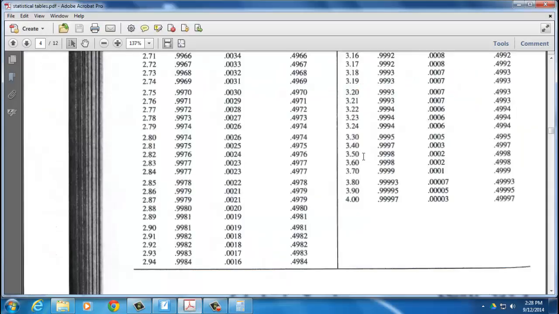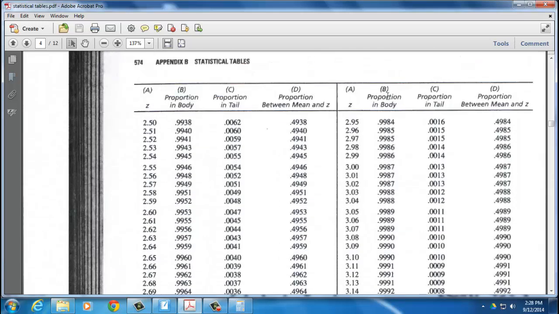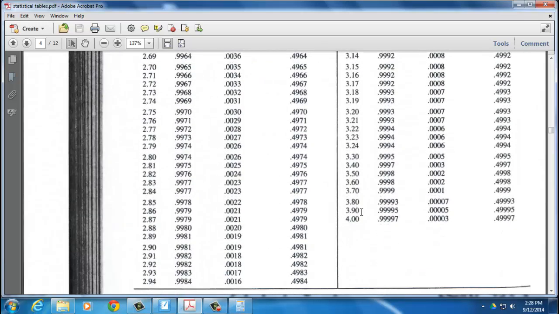Okay, let's go to our table. We're already at 3.9 here, and I know this is the proportion in the body. For 3.9, the proportion in the body is 0.99995. Now notice something: if you add the proportion in the body to the proportion in the tail, you get 1 because that includes the entire graph.